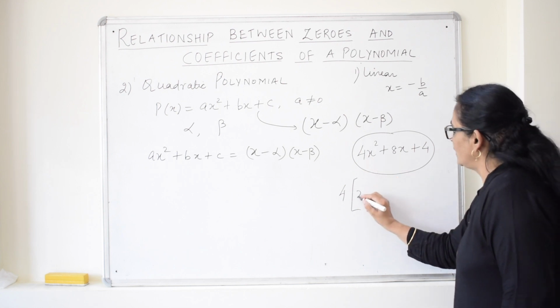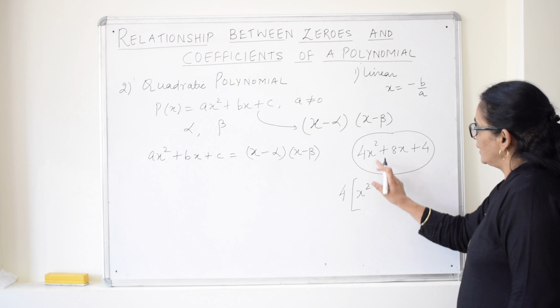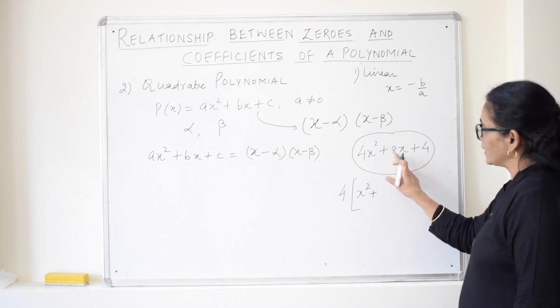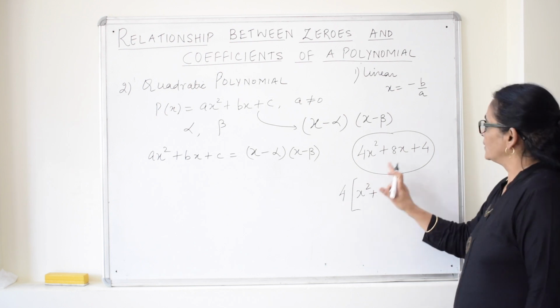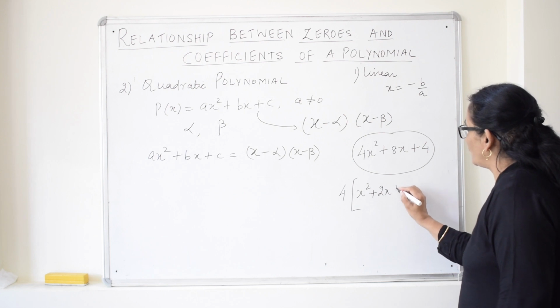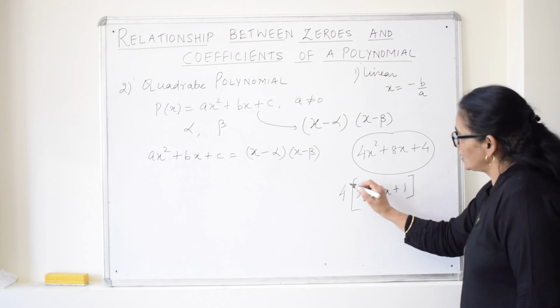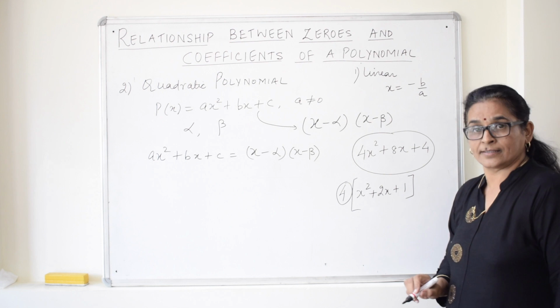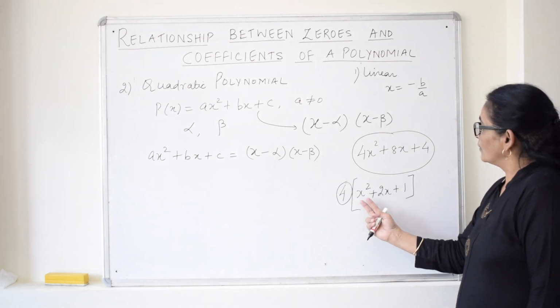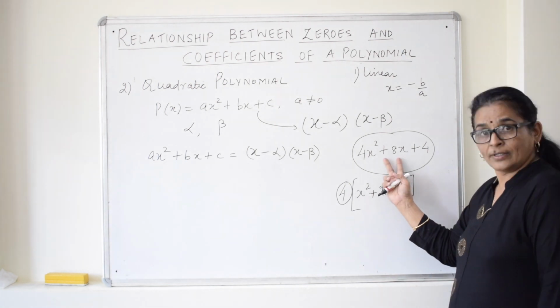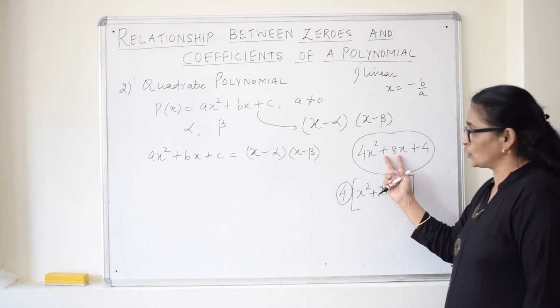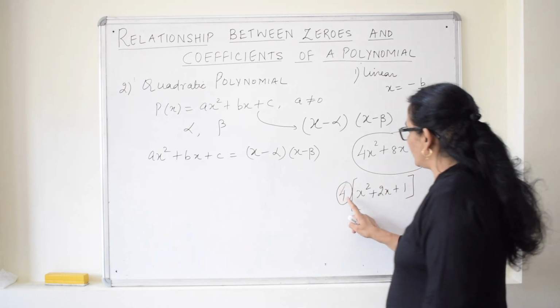So ultimately the polynomial will be 4 times x square plus 2x plus 1. This 4 is a constant which can come in any quadratic polynomial.